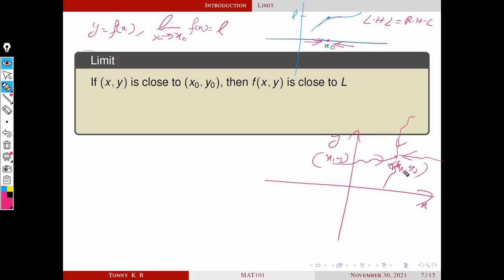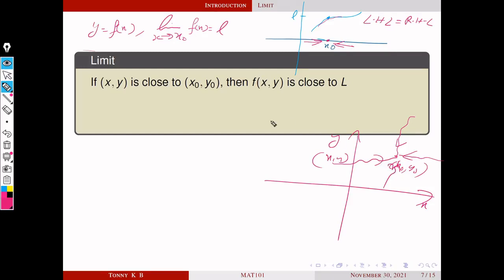So the concept of limit in a two variable or many variable function is much more complicated than in a single variable function, because there x can tend to x naught either from left or right, so we have to bother about only two limits. But here xy tends to x naught y naught in infinitely many directions. That's the difficulty in the concept of limit in a two variable function.